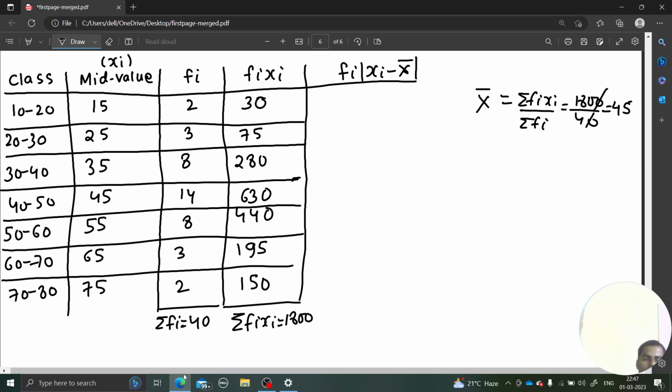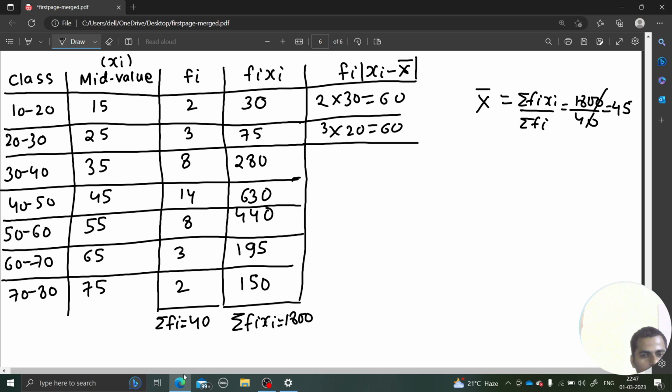So every value, which is the mid value in this case, will be subtracted from mean. We'll take mod there, and then we'll multiply that by the frequency. Okay. So in this case 2 into 30, which is 60. In the next case it is 3 into 20, which is 60.